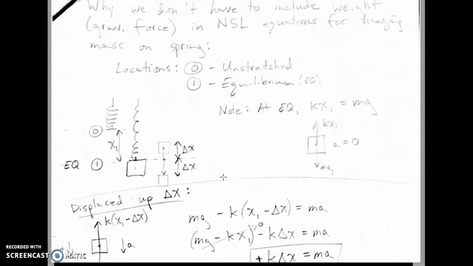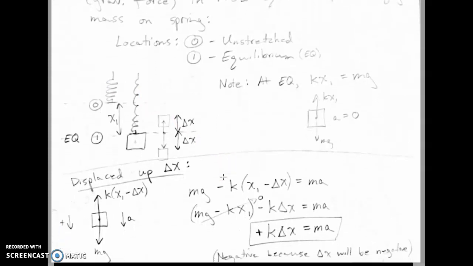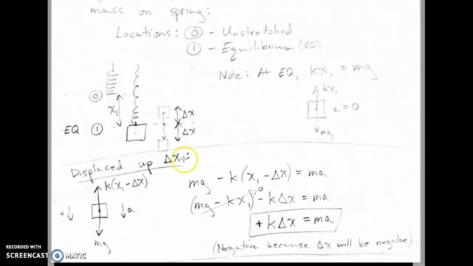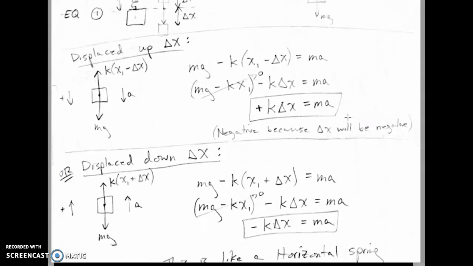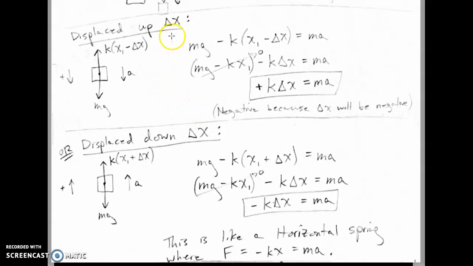And so if you look at a mass on a spring at equilibrium, at that location, if you consider the stretch distance x1 from the unstretched location, then kx1 equals mg. That's balanced, and acceleration equals 0. But if it's displaced up an amount delta x, then the stretch from the unstretched location is x1 minus delta x.